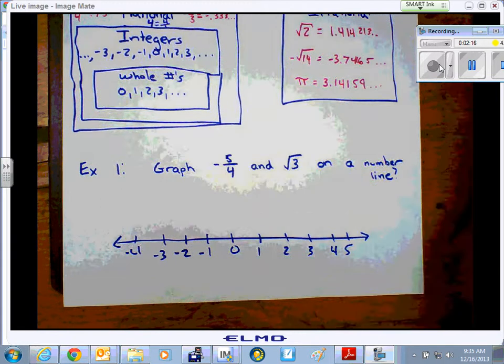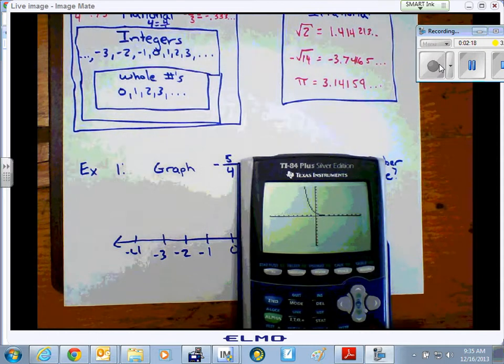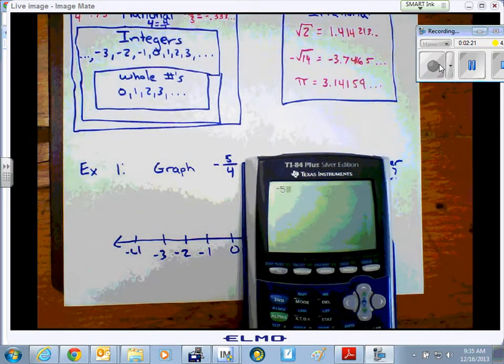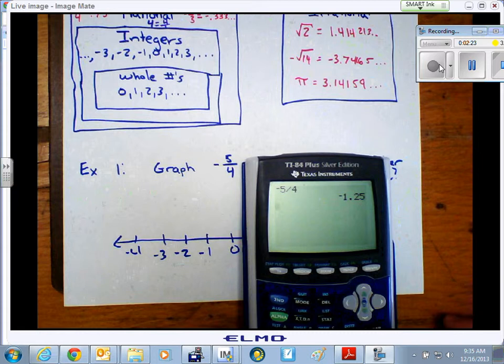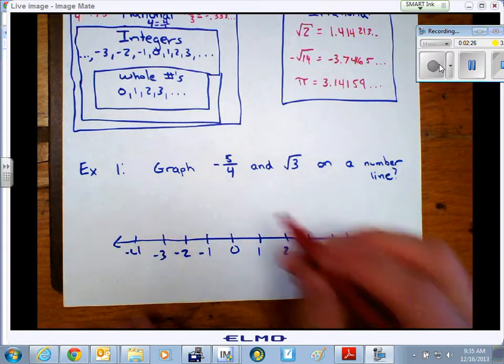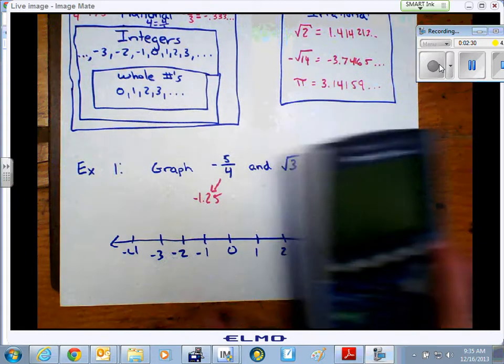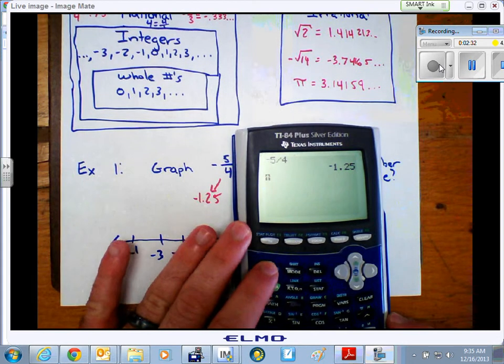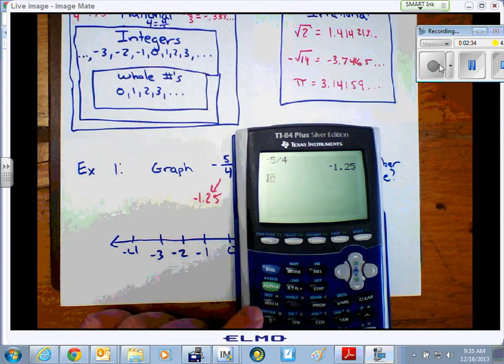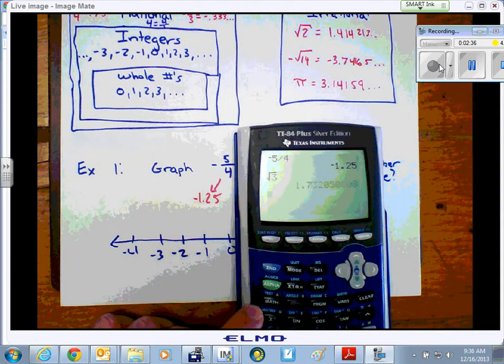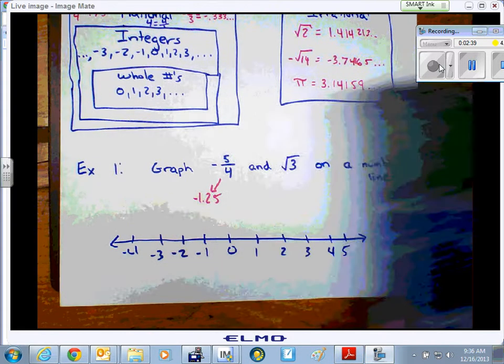So in your calculator, type in negative 5/4, and it's going to get you negative 1.25. And then type in square root of 3, which is the second button. Then you hit the x squared button, and then you hit enter, and it gets you 1.73 roughly.